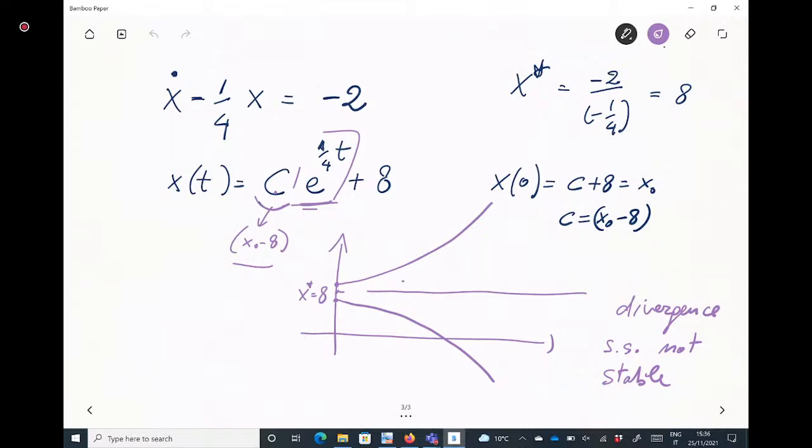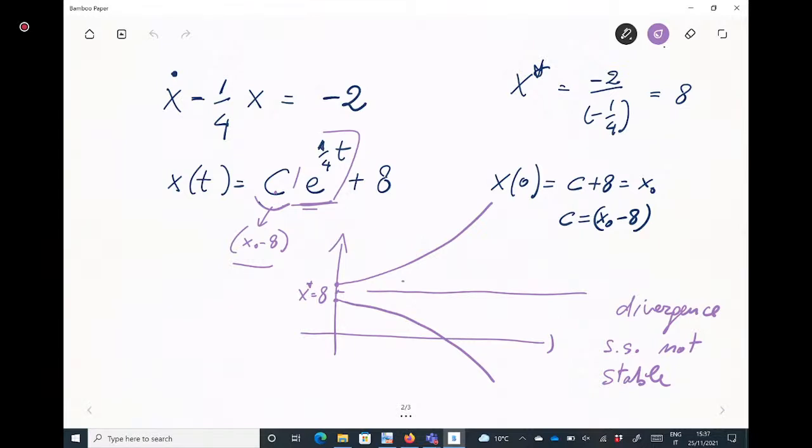Because in a stable system, a steady state is an outcome that can be reached in the long run, okay? If the system is unstable, in practice, the system will never be at a steady state. So this is the main message. So this is what we learn from linear differential equations.